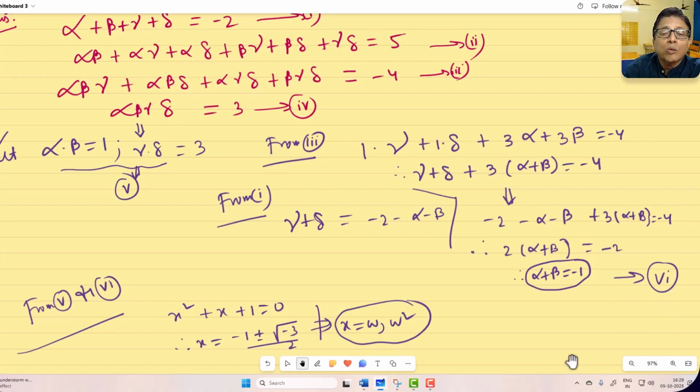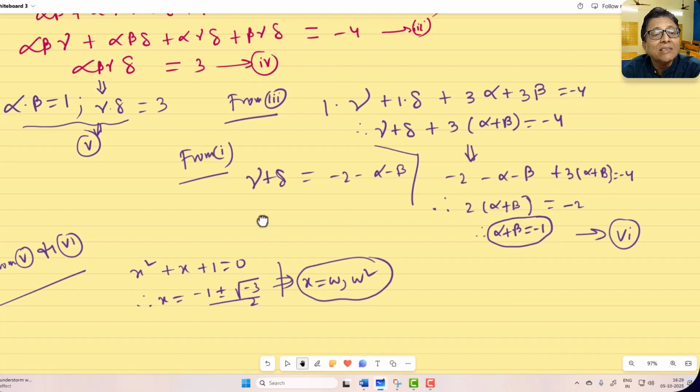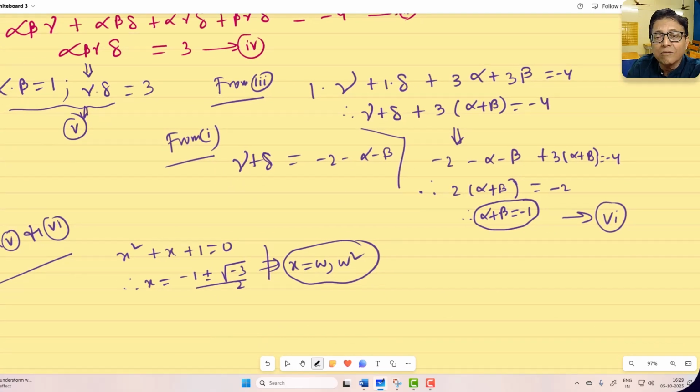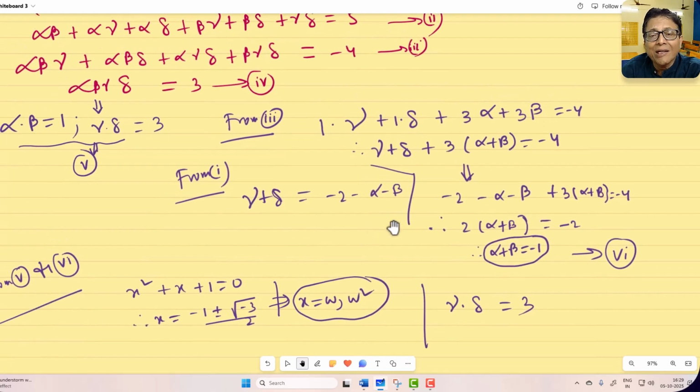Similarly, when you use the condition that gamma delta is 3, you got gamma into delta as 3, and here from 1, by putting alpha plus beta as minus 1, we have gamma plus delta equal to minus 1.